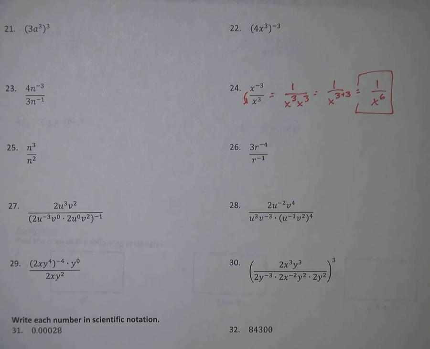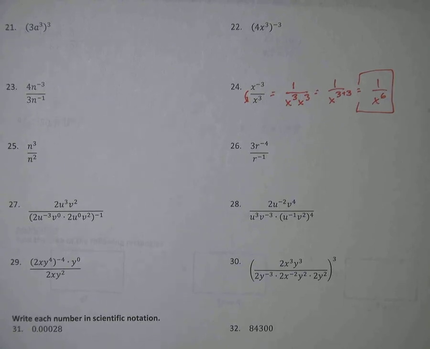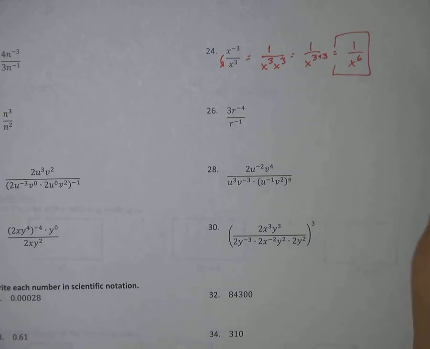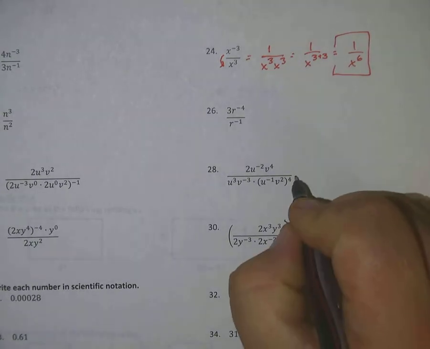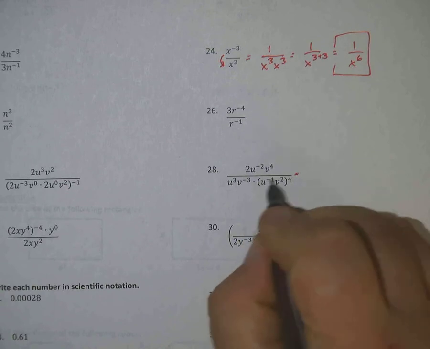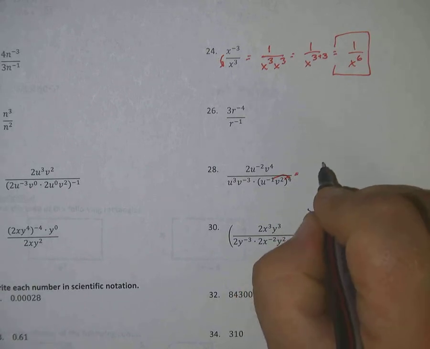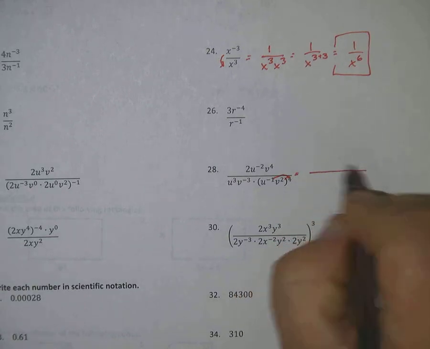Okay. Let's go ahead and look at one of these. If you remember back from the section, they're kind of the bring the pain problems. I'm going to look at number 28. All right. So for number 28, I'm going to go ahead and start with this set of parentheses here, because I know that I'm going to have to take that 4 and distribute it inside. So let's leave the top.